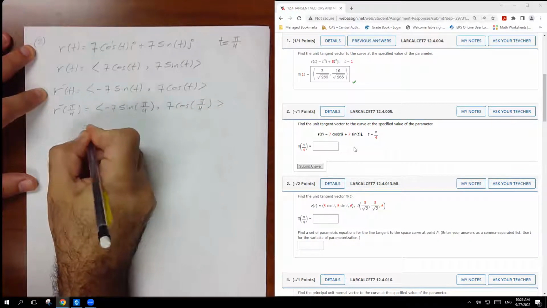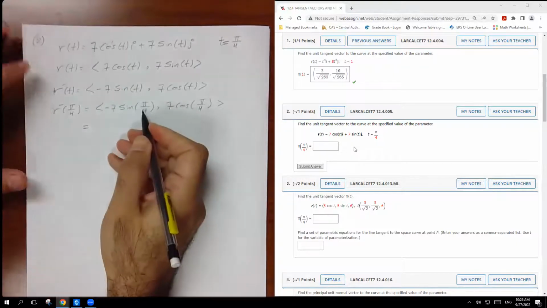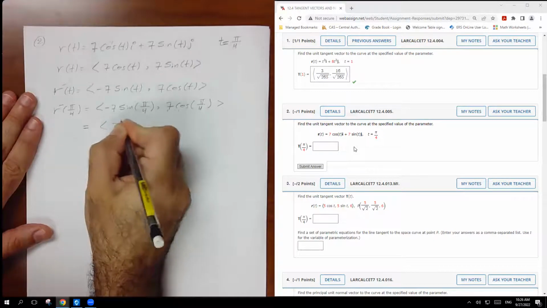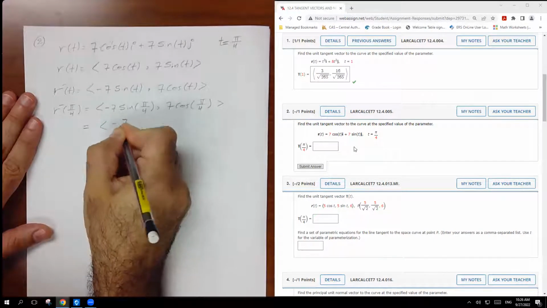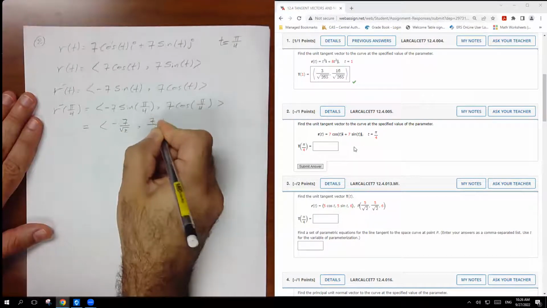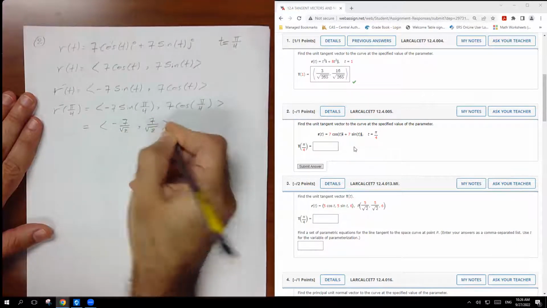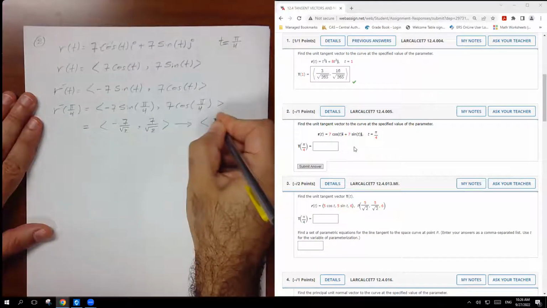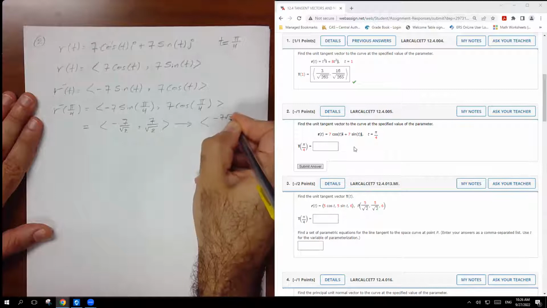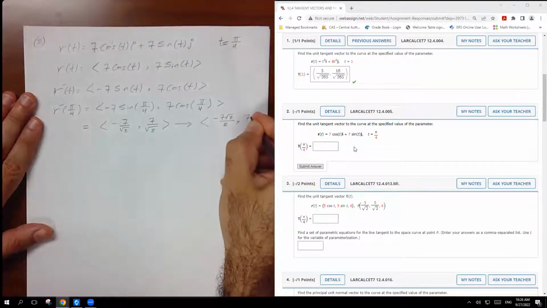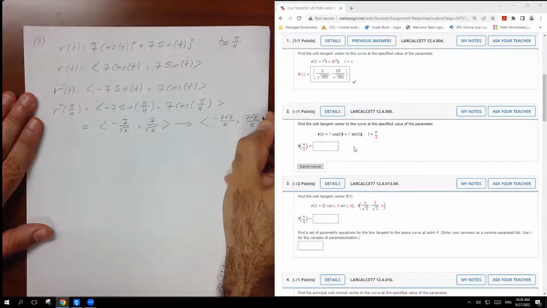That means this one is going to be equal -7 over square root of 2 and here is 7 over square root of 2. If you want to rationalize this one, it is going to be -7 square root of 2 over 2 and 7 square root of 2 over 2.